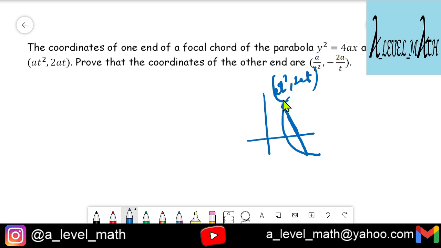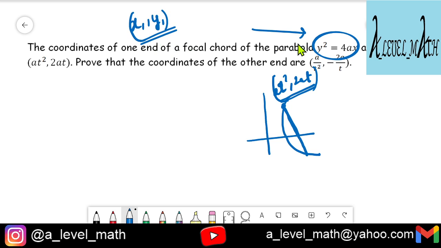We don't need to verify whether this point actually lies on the parabola or not, because we already know it must. We have just proved that at^2 comma 2at always lies on this parabola. So this saves you a lot of trouble. Suppose I was given a random point x1 comma y1, then first of all I would have to put this point in the equation to find one relation, and then other relations from other instructions given in the question.